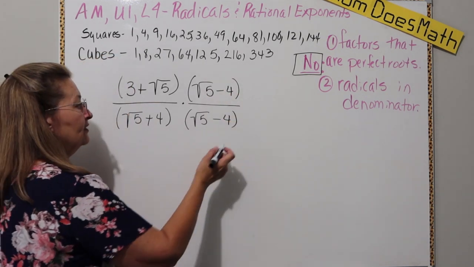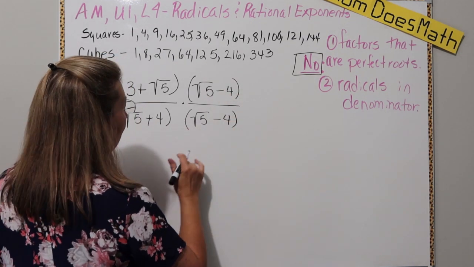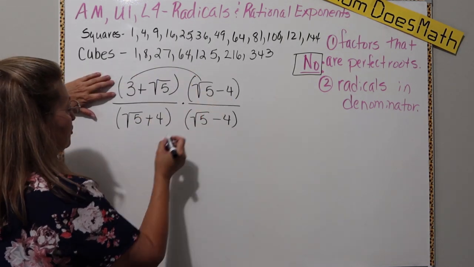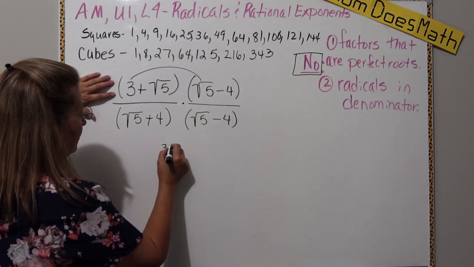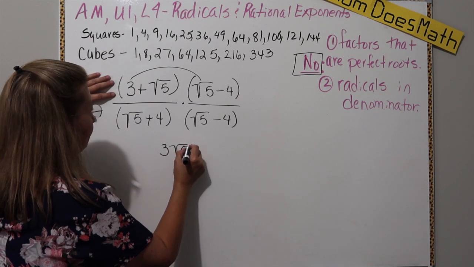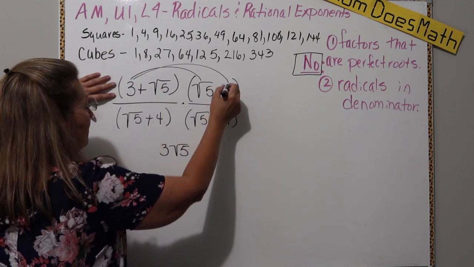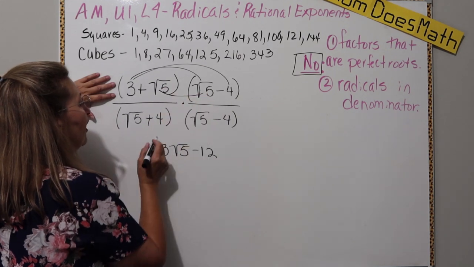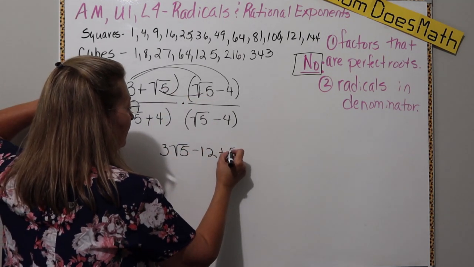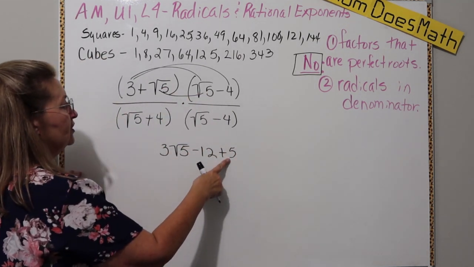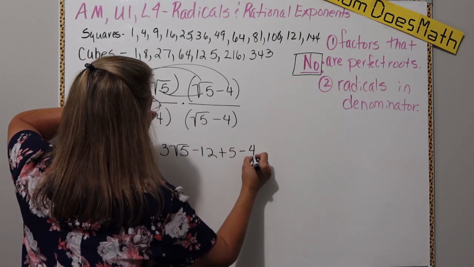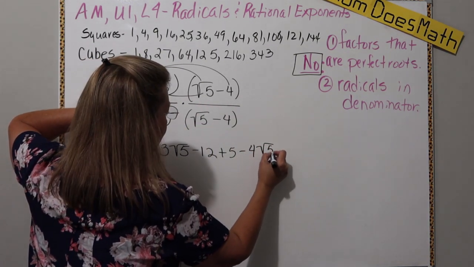All right. Now this is just going to be simple FOIL method or distributing. I've got 3 times square root of 5, so that's going to be 3 square root of 5. 3 times minus 4 is going to give us minus 12. Square root of 5 times square root of 5, square root of 25, which is 5. And square root of 5 times minus 4 gives you minus 4 square root of 5.